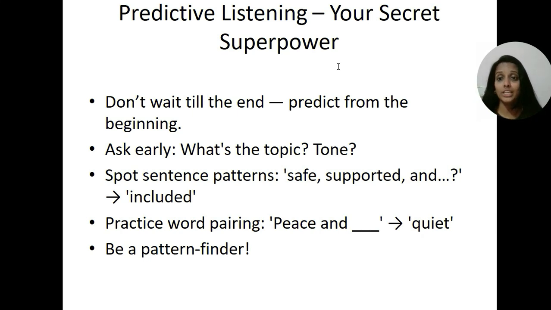We call it a collocation, right? Say, for example, peace and quiet, right? And trial and error, obviously, policies that are fair and equal. So your brain needs to be a pattern finder. So try to practice these collocations often.